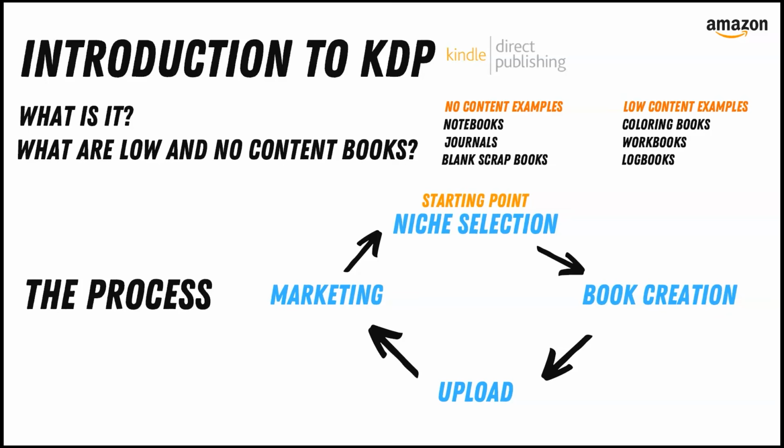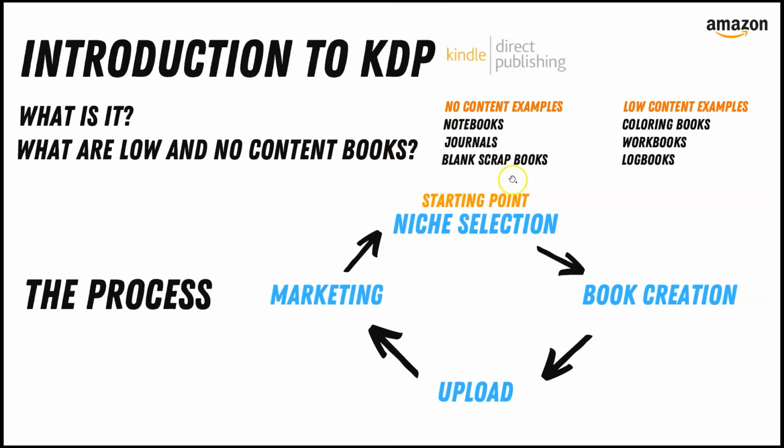Well, low content books, which is this one over here, could include things like colouring books, children's workbooks, for example, like letter tracing, log books, any sort of books where you've got sort of writing and information on each page.